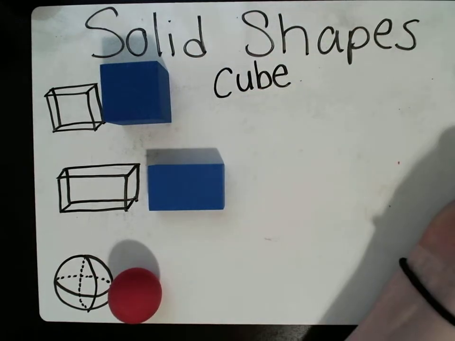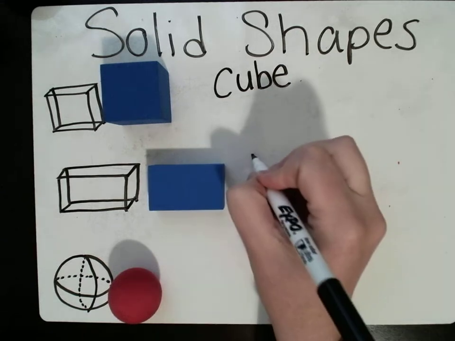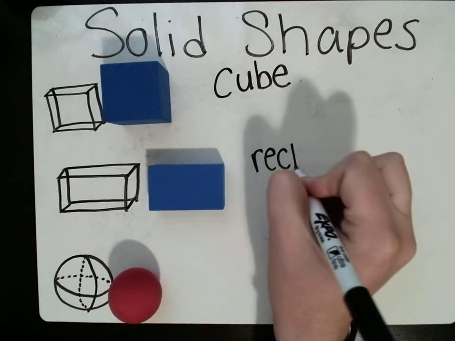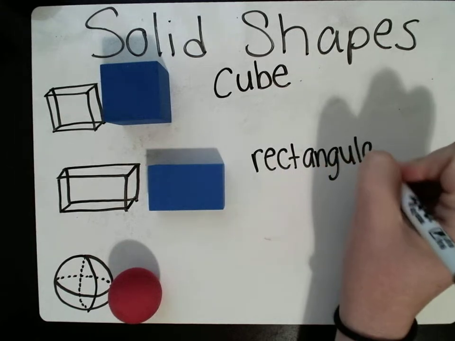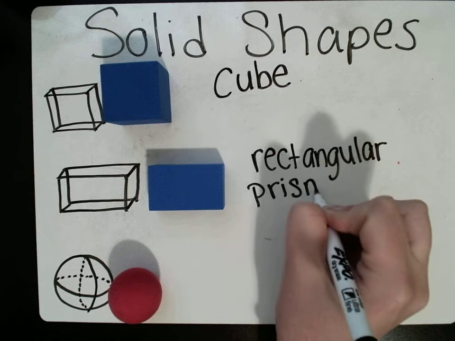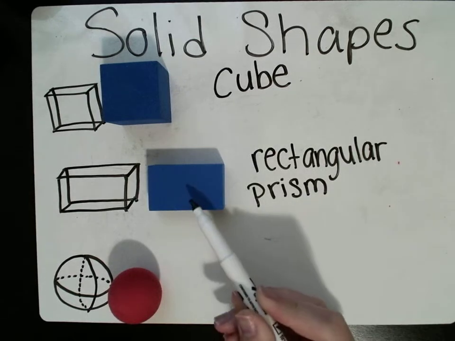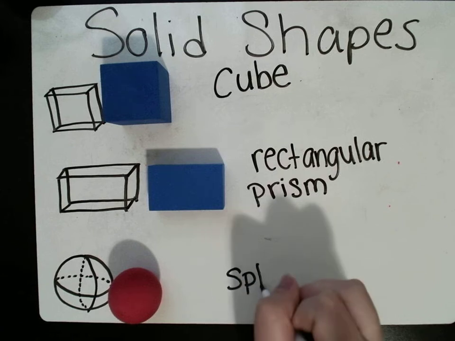Our second one looks kind of like a rectangle, right? It's called a rectangular prism. And then our last shape down here is called a sphere.